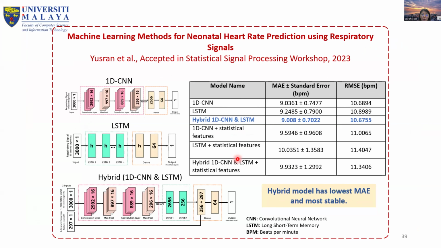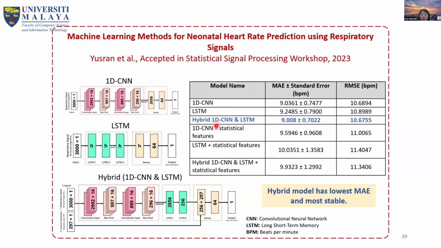After delivery, we also try to use some deep learning models such as 1D CNN, LSTM, and a hybrid model to predict neonatal heart rates using the respiratory signals. The whole idea is that when a neonate is very fragile, we don't want to attach too many wires to the babies. So what we hope to achieve is to do heart rate predictions from other signals.